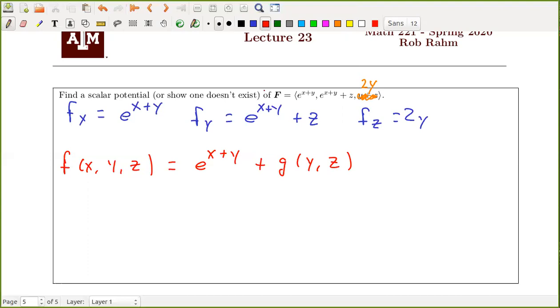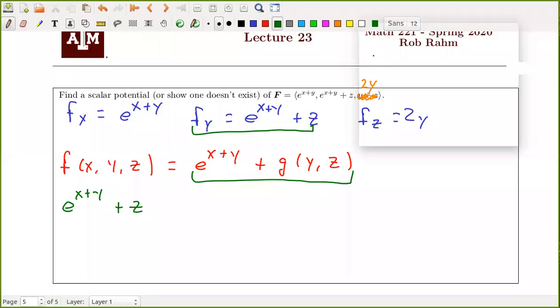Okay, now we're going to use the y derivative information. So we know the y derivative is equal to e to the x plus y plus z. So that means that e to the x plus y plus z is equal to the y derivative of this function. And the y derivative of this function is e to the x plus y plus the partial derivative of g with respect to y.